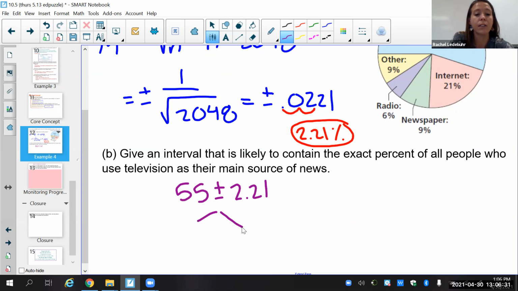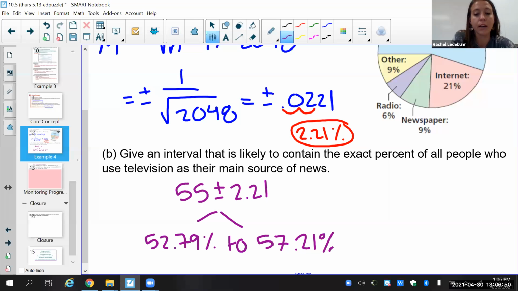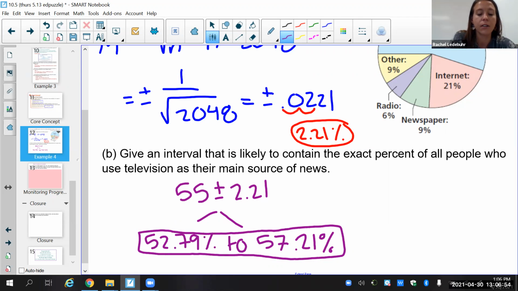On the lower end, 55 minus 2.21, I get 52.79%. Then I add it, and that's 57.21%. There's my interval by adding and subtracting that margin of error.